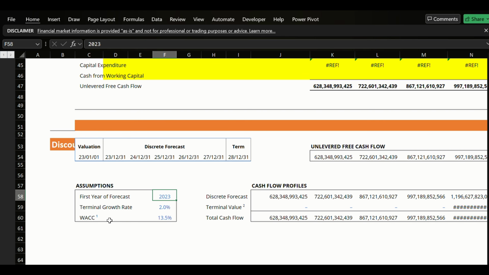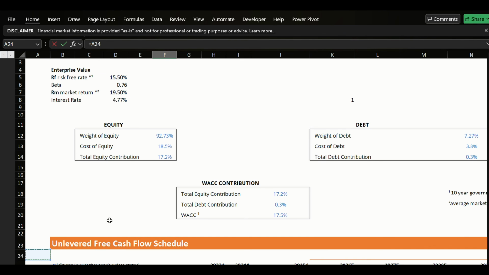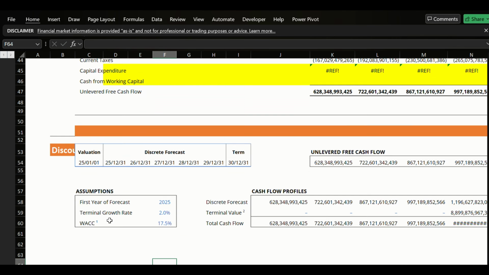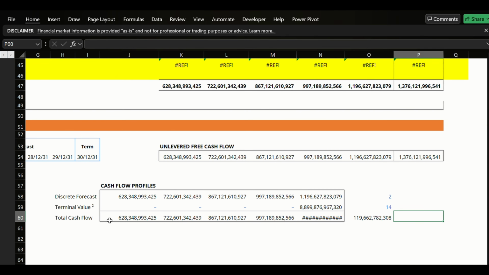Fiscal year is, discrete year is 2025. So those have to change. Okay, terminal growth at 2%. The work. Where did I get this from? So you can imagine the 13. This distorts the figures a little.